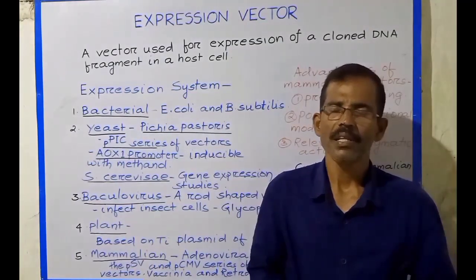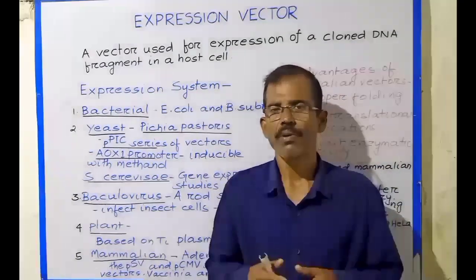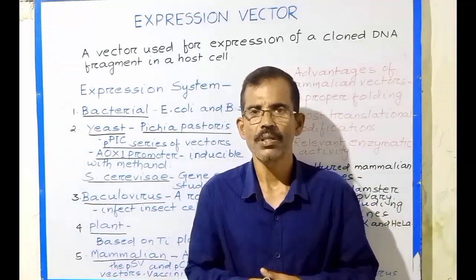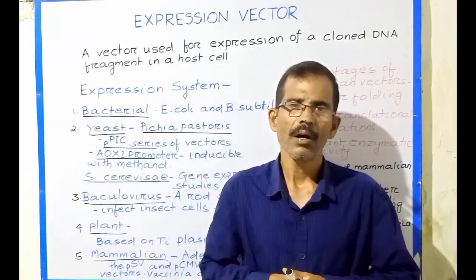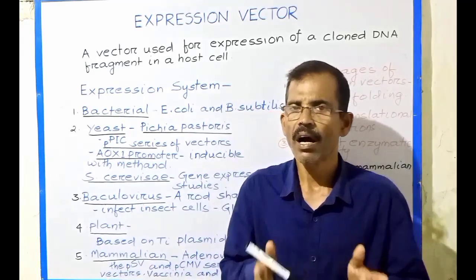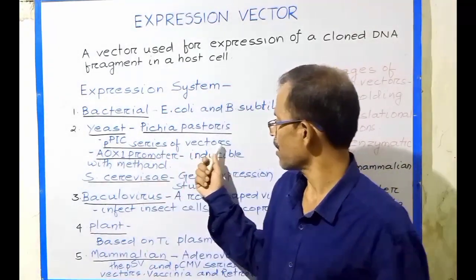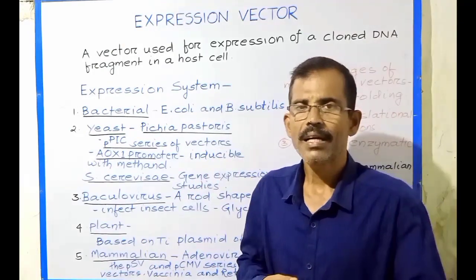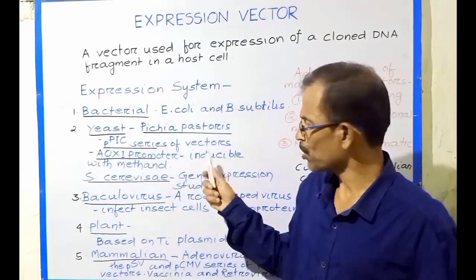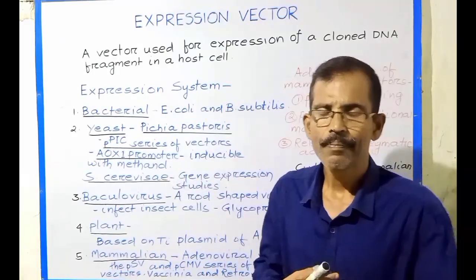Yeast expression vectors. One of the yeasts that is commonly used for the production of protein is Pichia pastoris. Examples of yeast expression vectors in Pichia are the pPIC series of vectors that have the AOX1 promoter, which is inducible with methanol.